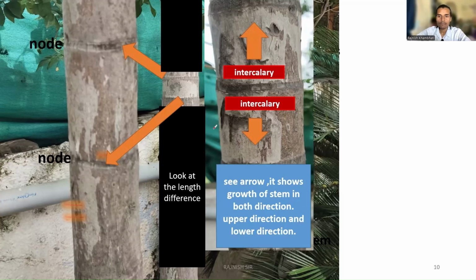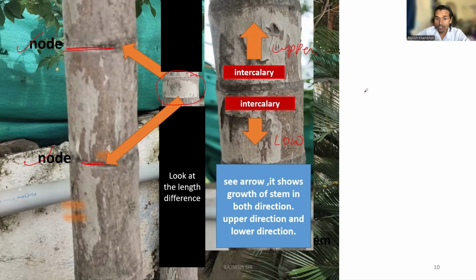See, this is the portion which is very small, but later on it becomes bigger. This is node. Clear? See, the arrow shows the growth of stem in both directions, upper direction and lower direction. This is how it is growing in height.